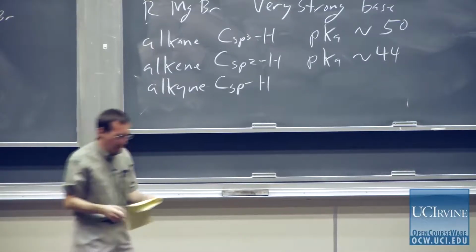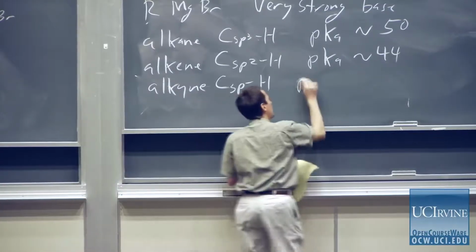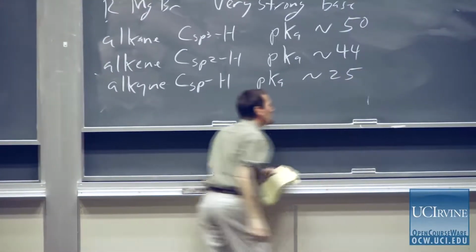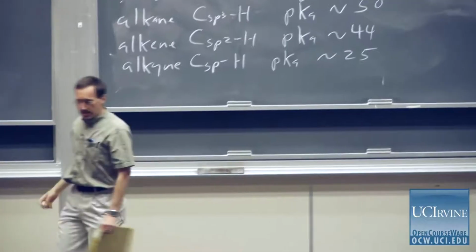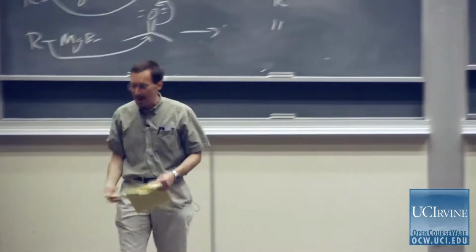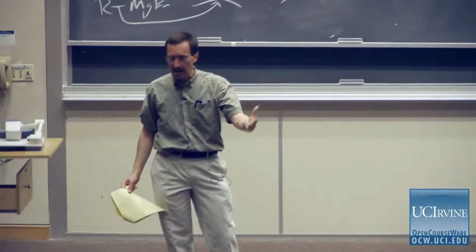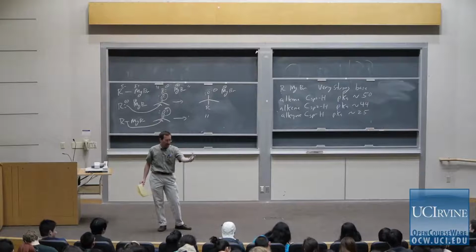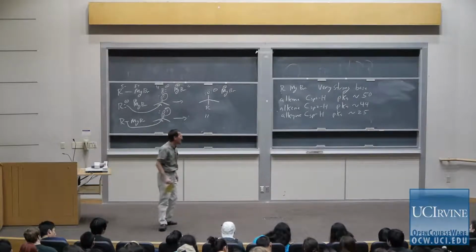They're still very weak acids. Your pKa is only 25. That's really, really, really weak still. It's not even like water, which you think about as an acid forming hydroxide anion, or an alcohol giving up a proton and forming an alkoxide anion.